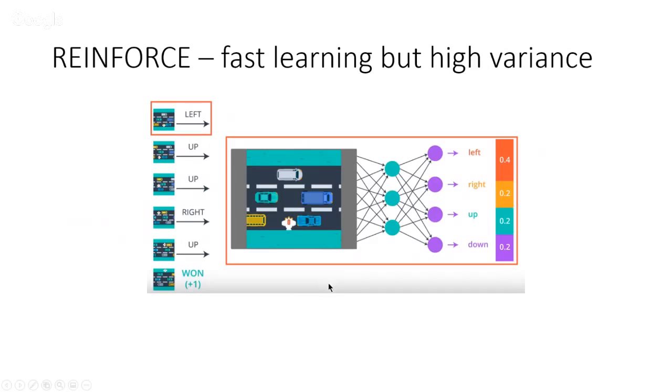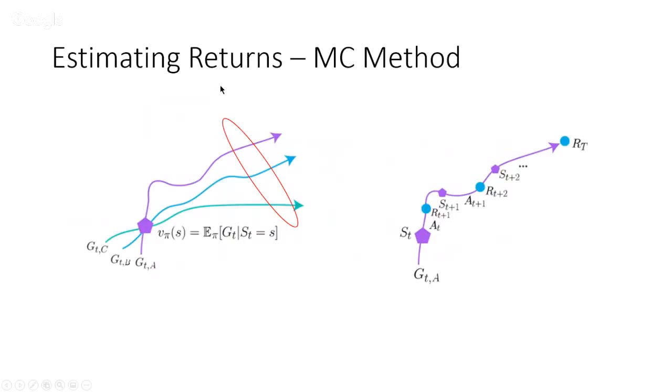So there are two ways of estimating returns, right? We learned there was one, the MC method, Monte Carlo method, and there was another, the TD method, temporal difference method. One of those will be used for our value-based method, or later on, you will see a combination of these. We'll talk about the combination later, but let's see the pros and cons of MC method.